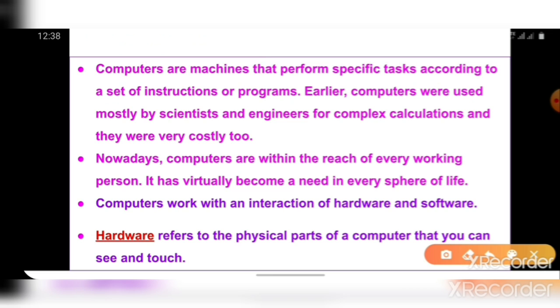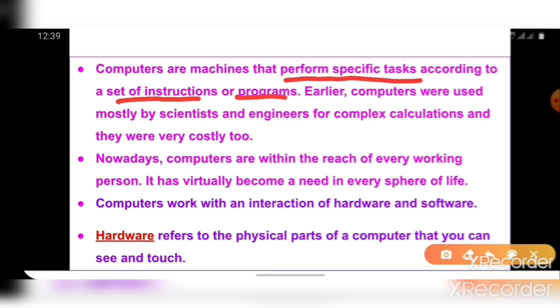Any computer or any machine cannot work on its own. It requires a set of instructions or programs. Who creates these programs? The programmer. The programmer creates these sets of instructions, and according to the instructions the computer will perform specific tasks.